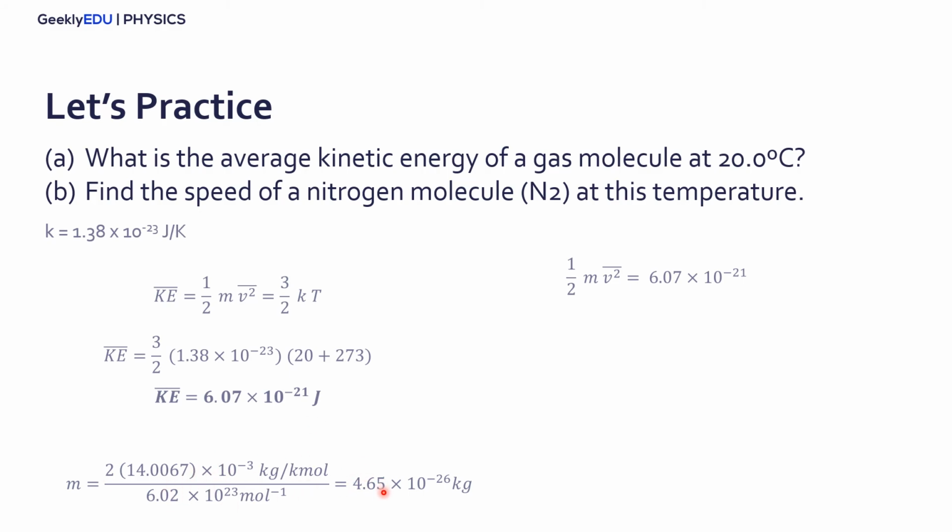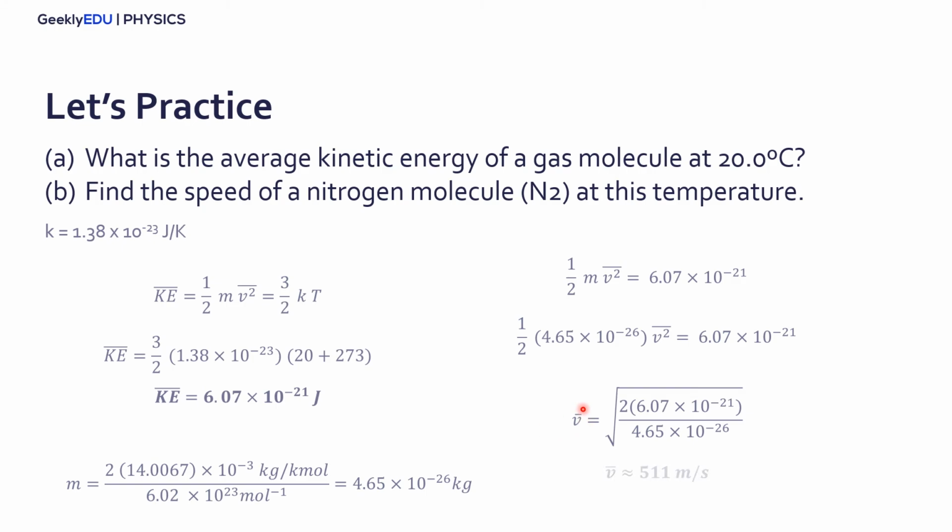We have 4.65 times 10 to the negative 26 kilograms of nitrogen. Adding the values here and isolating the velocity, we have an average speed of approximately 511 meters per second.